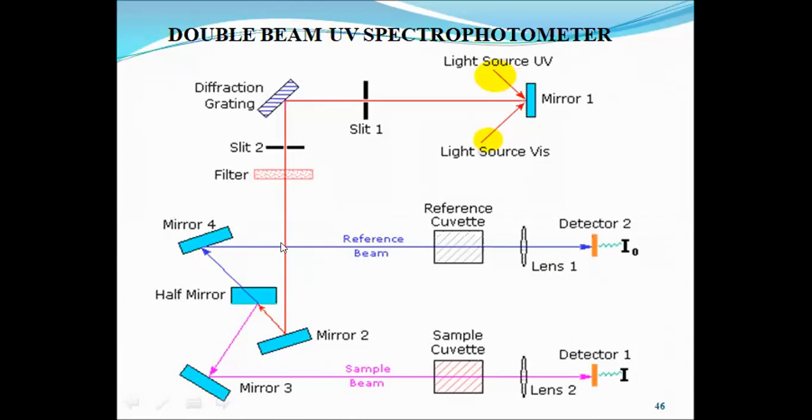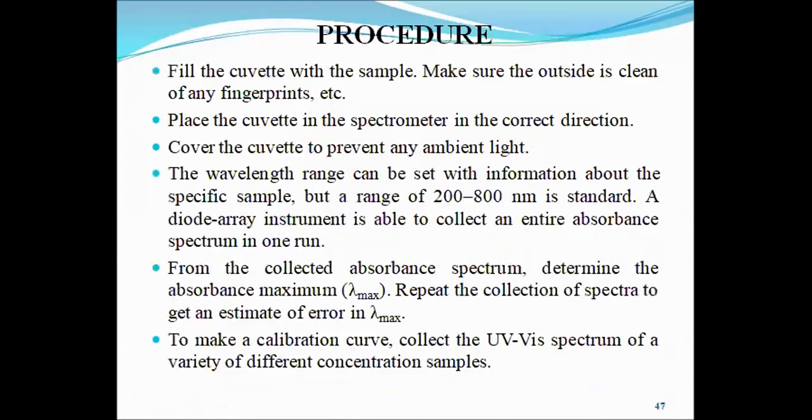This is the reference beam passing through the reference cuvette or cell, and this is the second beam, the sample beam, passing through the sample cuvette. Here are two separate detectors, for the reference as well as for the sample, and we get a UV spectrum after comparison of the reference beam and the sample beam.